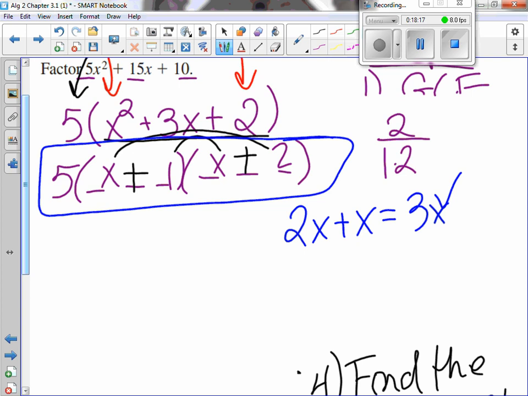Now we could have gone and multiplied through, done x times x, x times 2, 1 times x, 1 times 2, and gotten x squared plus 3x plus 2. But we do know that x times x will get us back to x squared, yes? 1 times 2 will get us back to 2. So I don't have to do those. I can just check the outer and inner to make sure that I get back to the middle term.